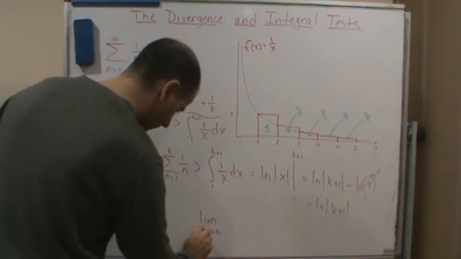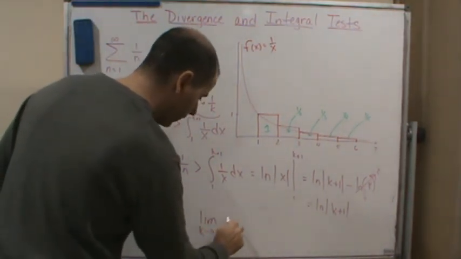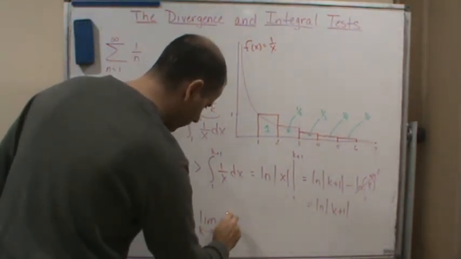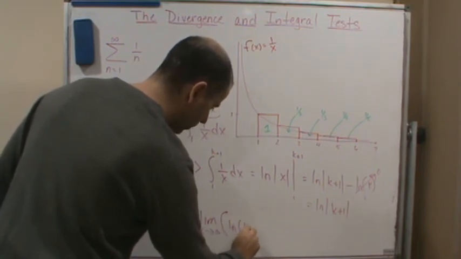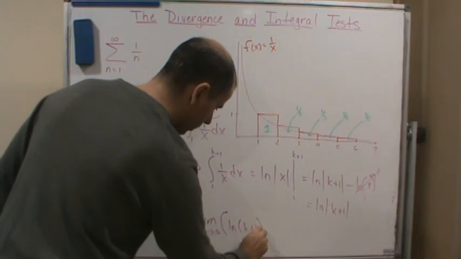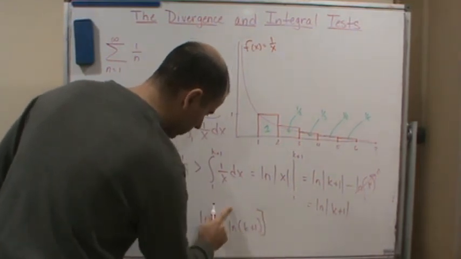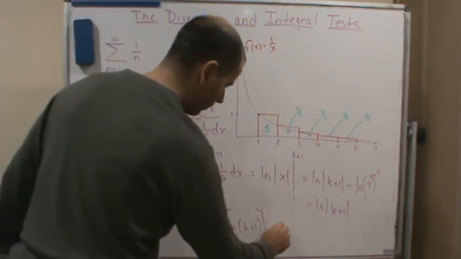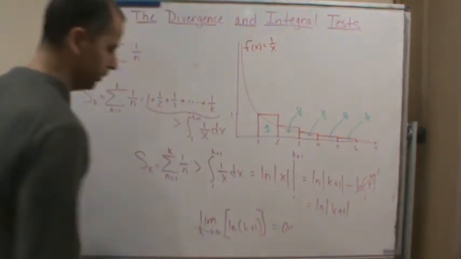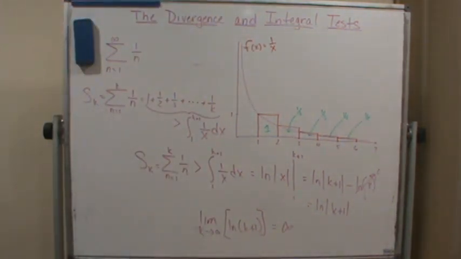The limit as k goes to infinity of the natural log of k plus 1 equals positive infinity.